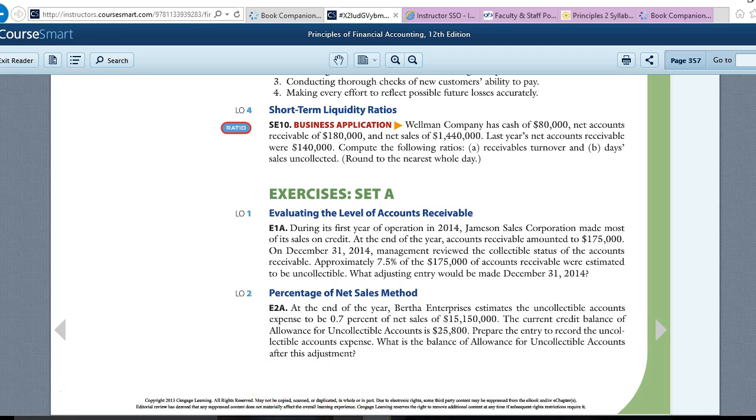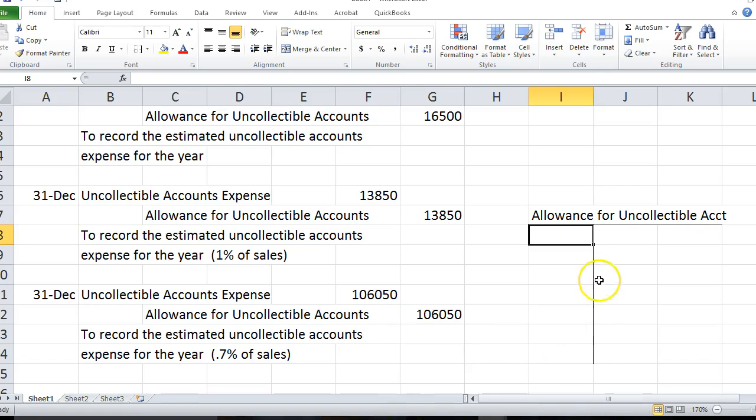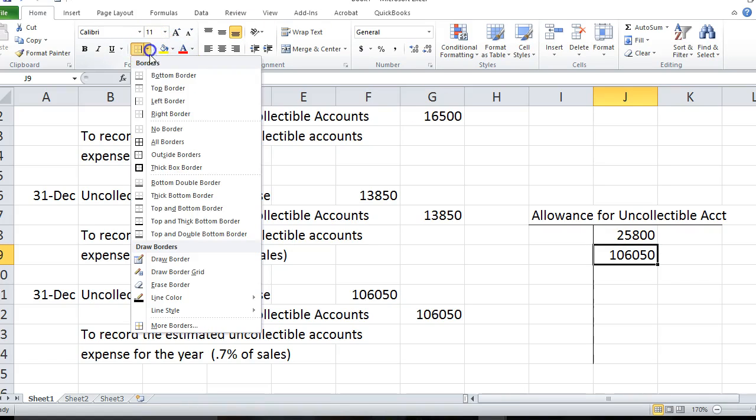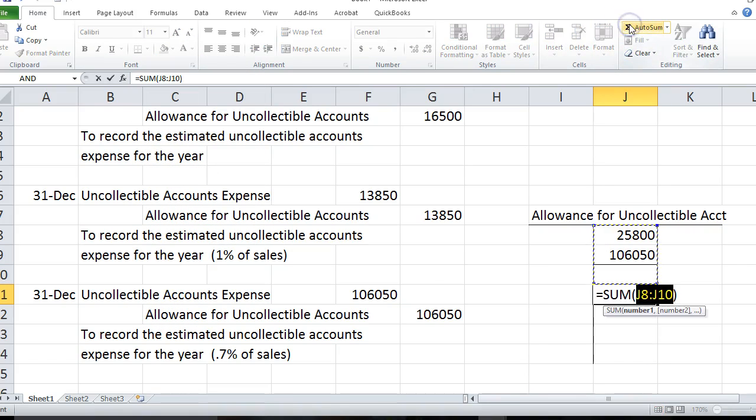It had a credit balance of $25,800. So if it has a credit balance here of $25,800 and this journal entry we just did is going to show a credit of $106,050, what is our new balance sitting in our allowance for uncollectibles after this journal entry?